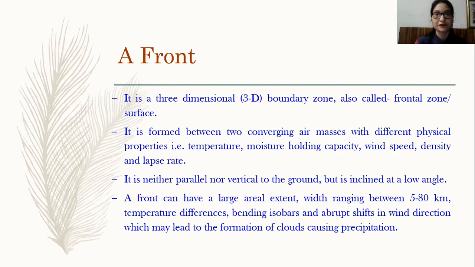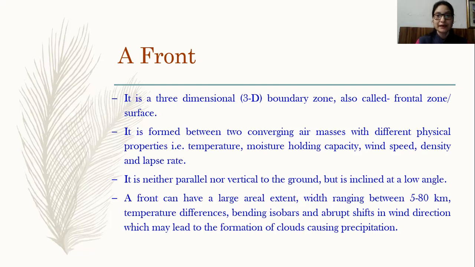They are different from each other in terms of temperature, moisture content, lapse rate, wind speed, wind direction, all these things. These different characteristics define the air mass. When I say temperature, that means it can be a cold air mass and a hot or warm air mass. So these things need to be considered while understanding what a front is.